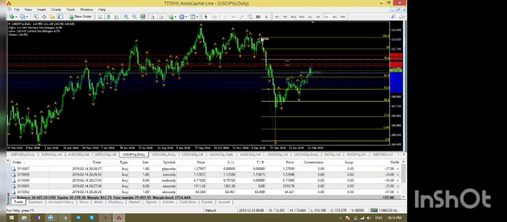But this doesn't happen all the time. Maybe it happens sometimes, but not all of the levels overlap with the pivots. You see, 38, 61, and 78 are the most important ones. If they overlap with the pivots, that's enough, and that means that your Fibonacci is correctly drawn.